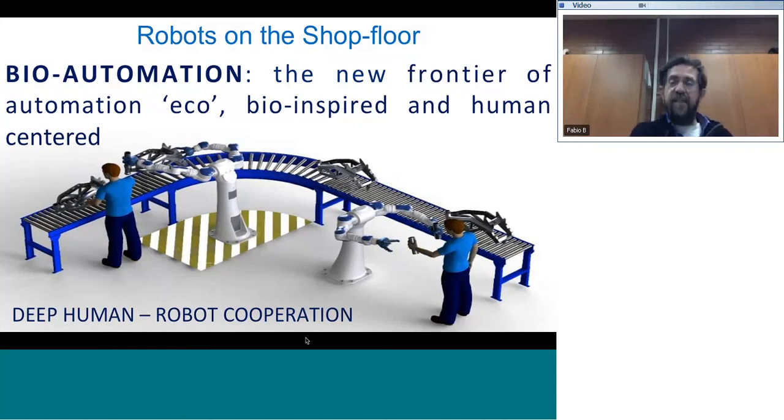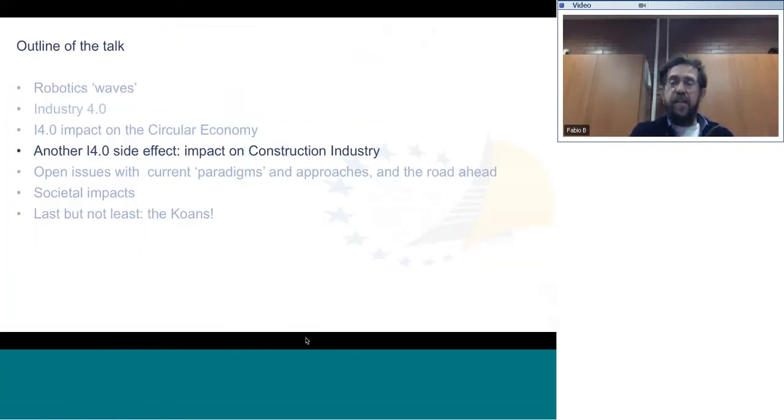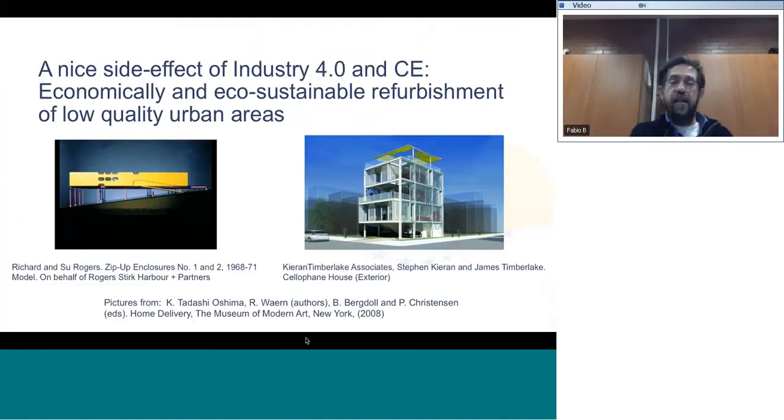I would say that with Industry 4.0 technologies, we have a potential to do this, which really will fix a lot. Now I try really to accelerate, but another nice factor is on constructions.